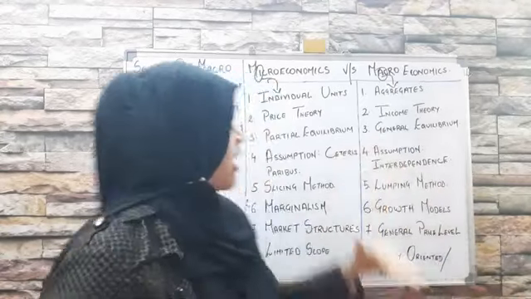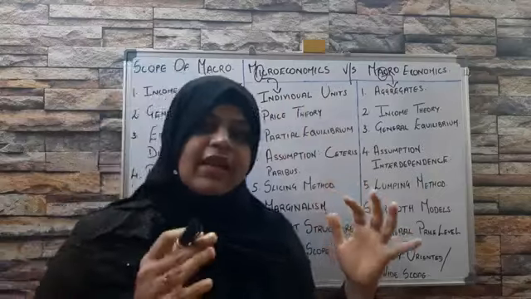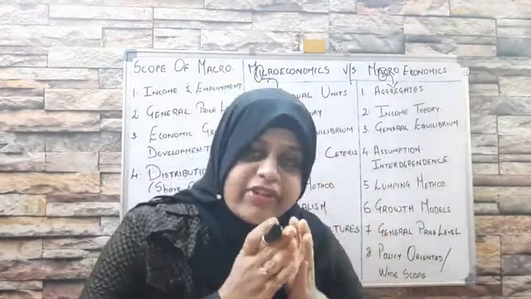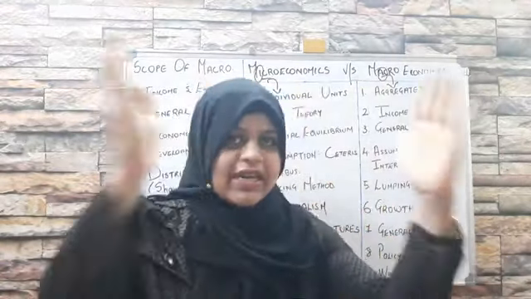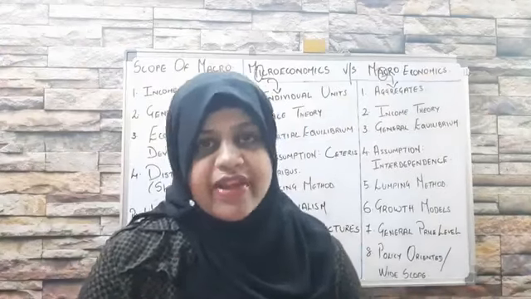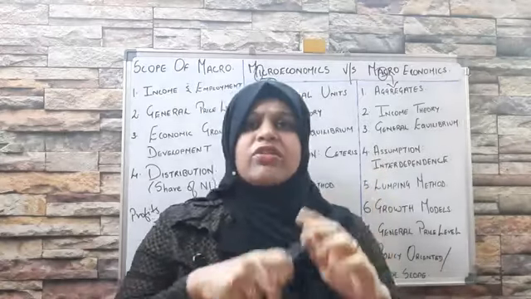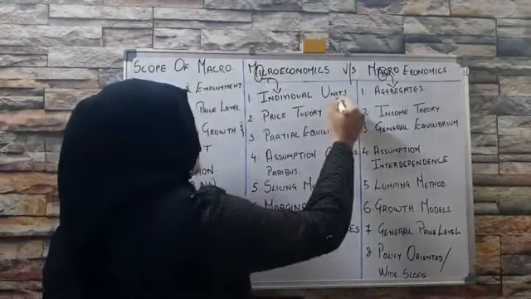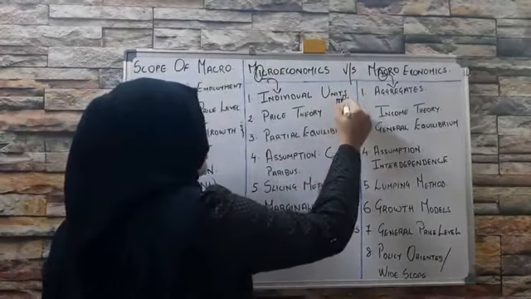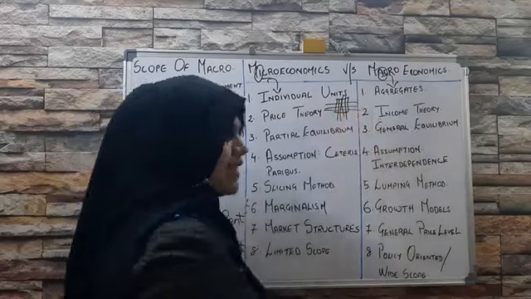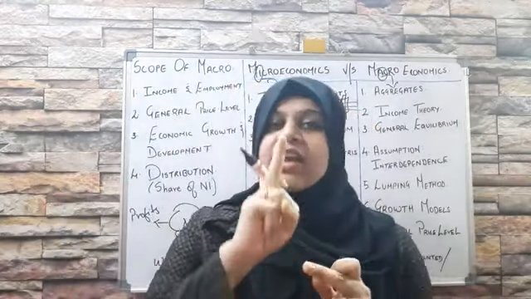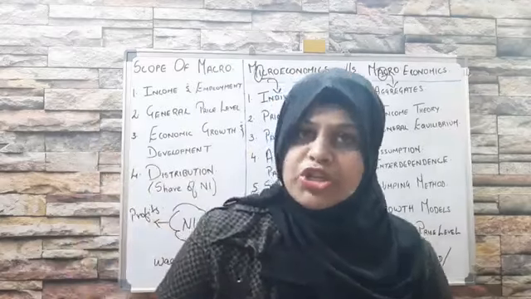So microeconomics is studying the individual units. It is not studying the entire economy altogether. Instead, it is dividing the entire economy into small bits and pieces. Alright, it is dividing the economy into small parts, and then it is studying each part individually.